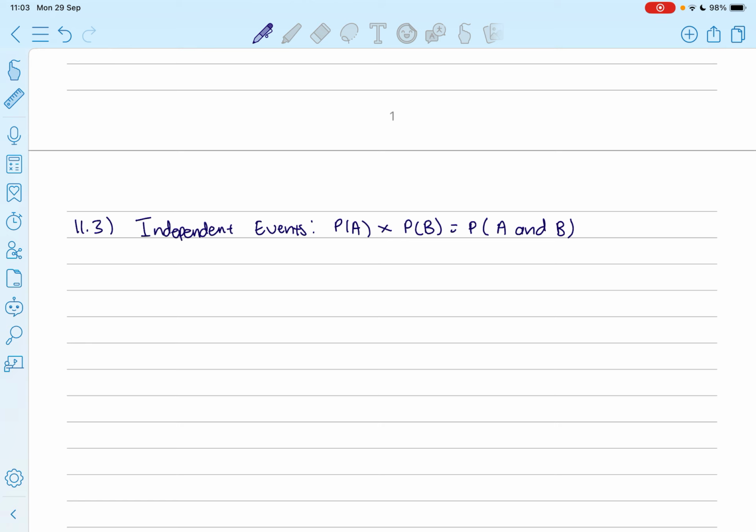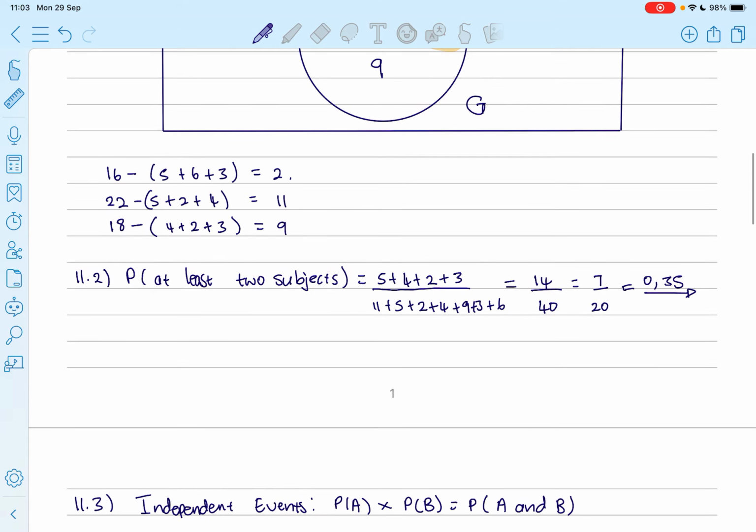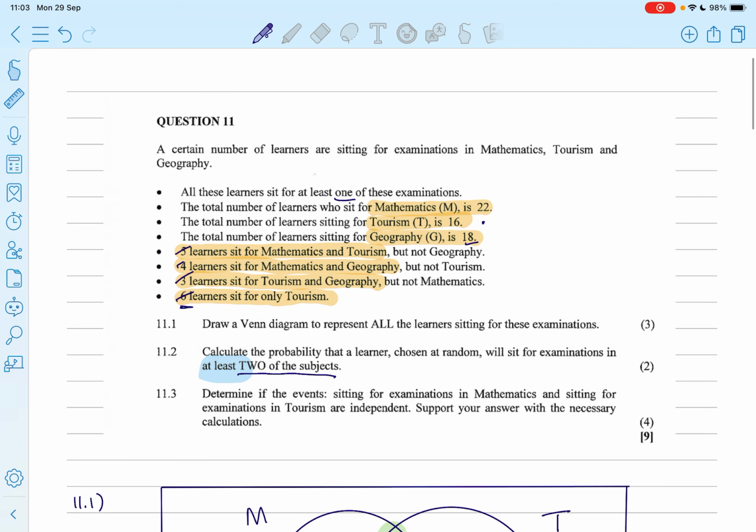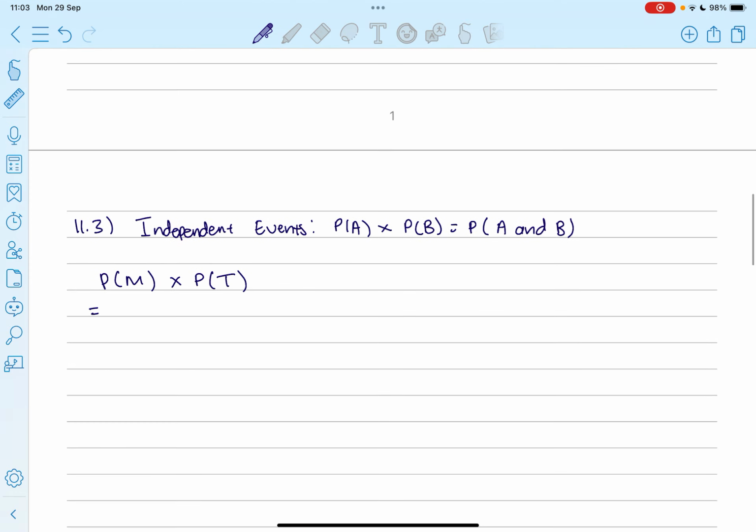Okay, so let's now do this calculation for our scenario. So for us, we are looking at the probability of a student writing mathematics multiplied by the student writing tourism. And let's solve for that. So this will be equal to, so let's first calculate the probability of a student writing mathematics. For that, we just use the total, which is 22.